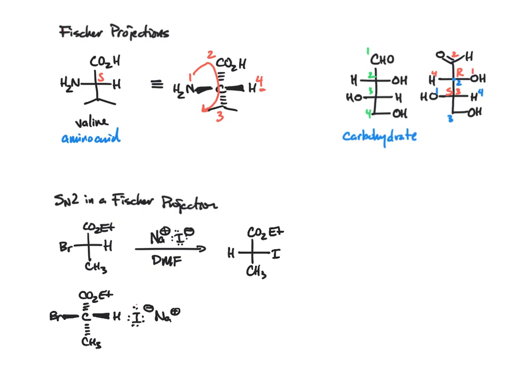So this is attacking opposite that bromine. That bromine leaves. As a consequence of that, you can view this hydrogen as flipping over, and the iodine is going to take its place spatially.